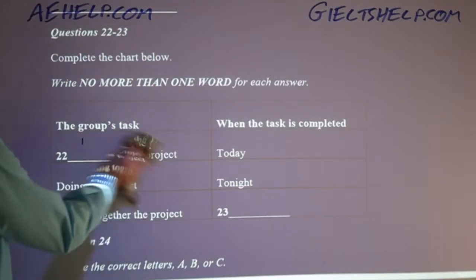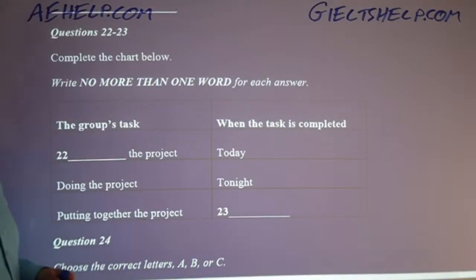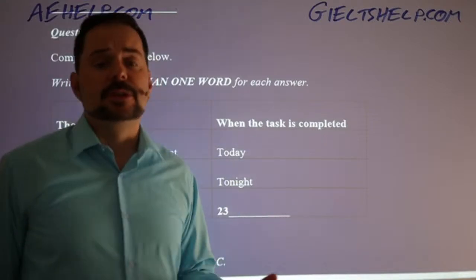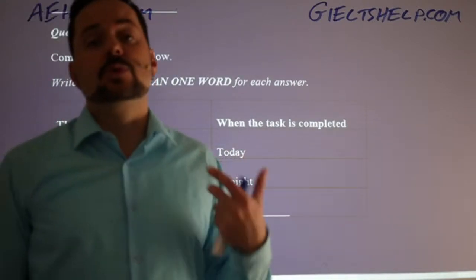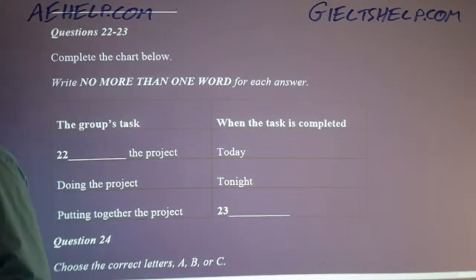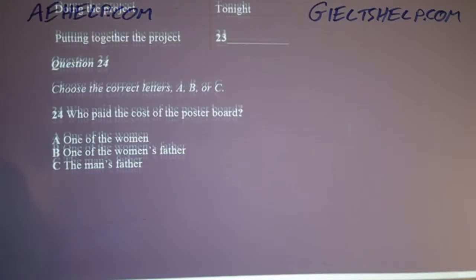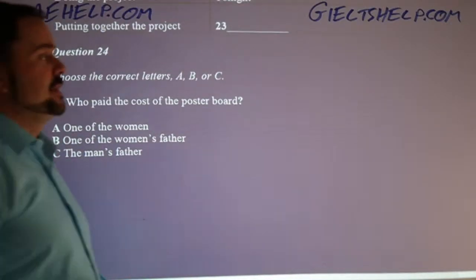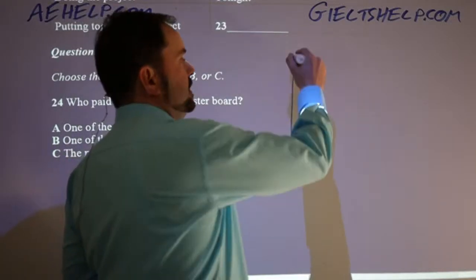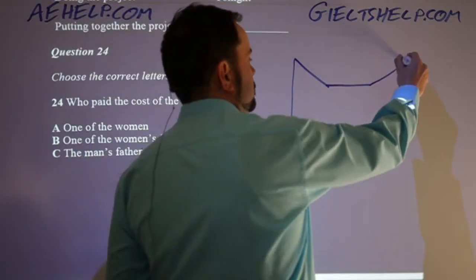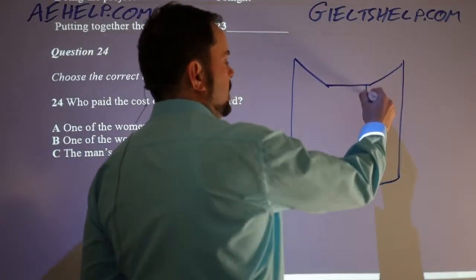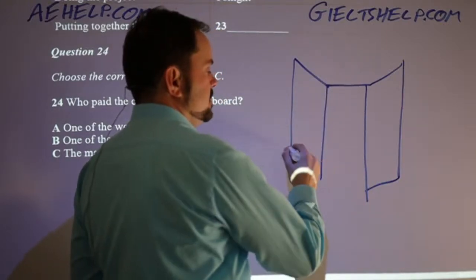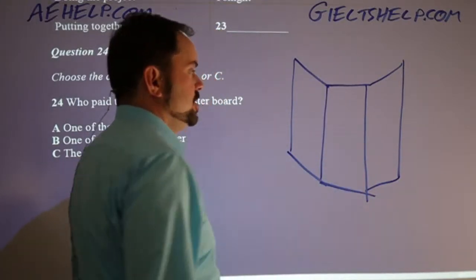Okay, and you should be visualizing this. Imagine that you're one of the 3 students that's working on this project. They talk about this 3-board poster, and maybe you've done this kind of project in your school. It's very popular for science fairs, for class presentations.